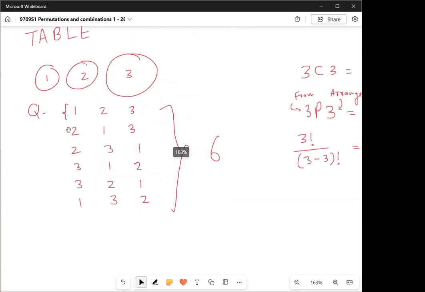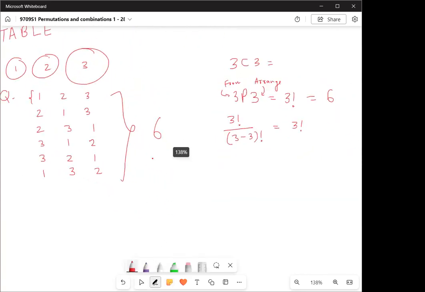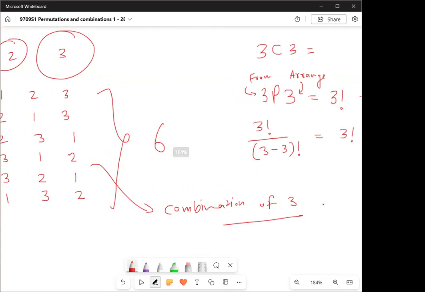So that would mean there is just a combination of three of three, which is one way, and six ways or six arrangements.